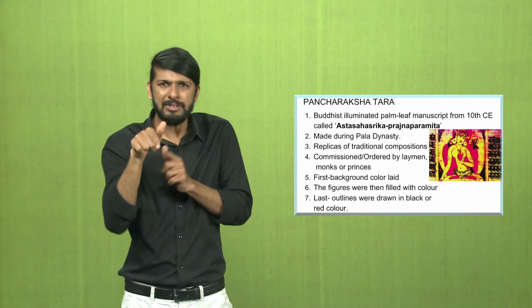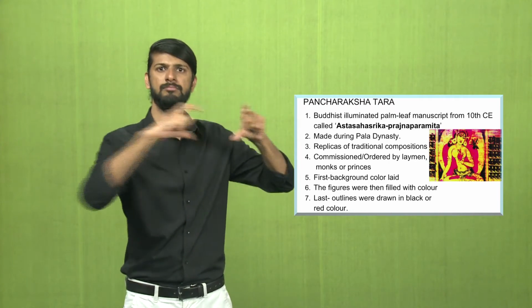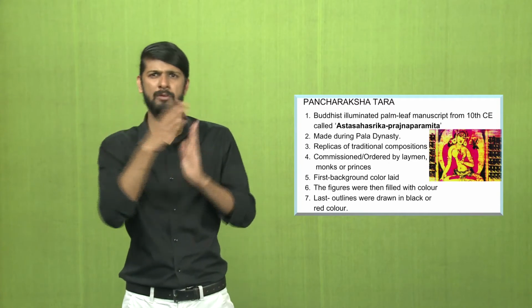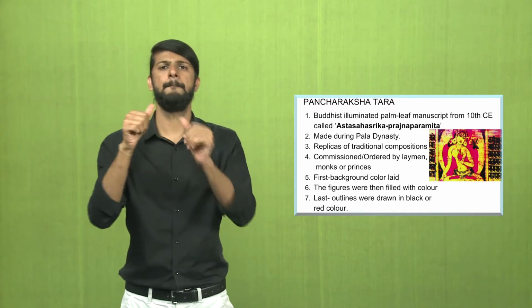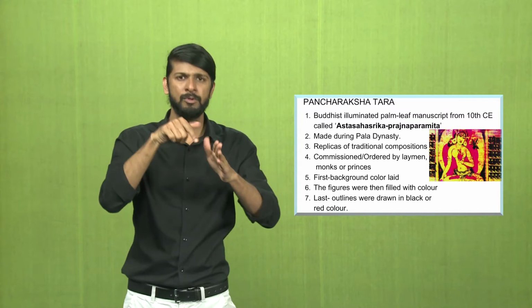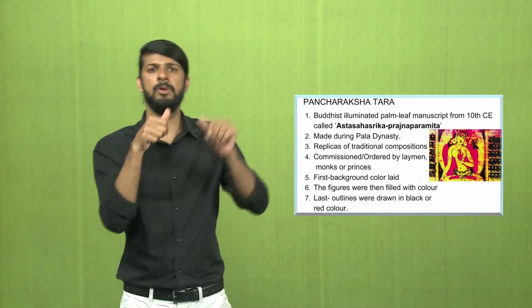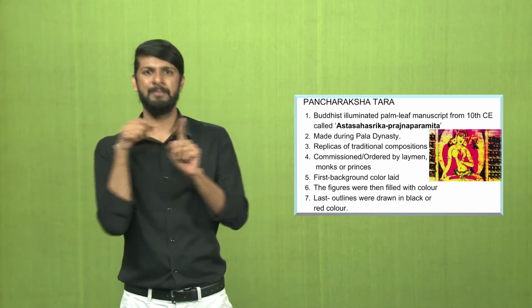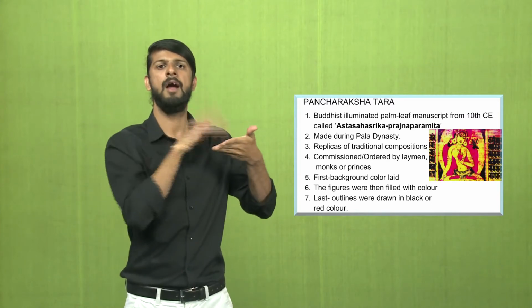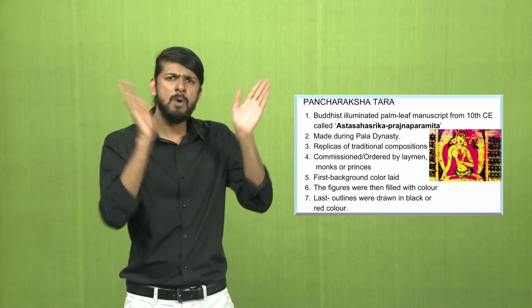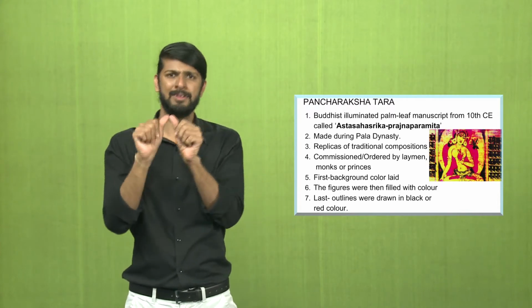This painting has been taken from a Buddhist illuminated palm leaf manuscript from the 10th century CE, and this manuscript is known as the Ashtasahasrika Prajnaparamita. This is made during the Pala dynasty.